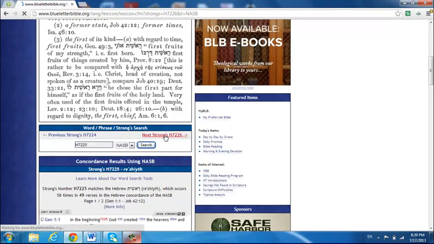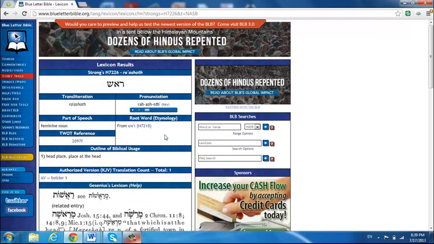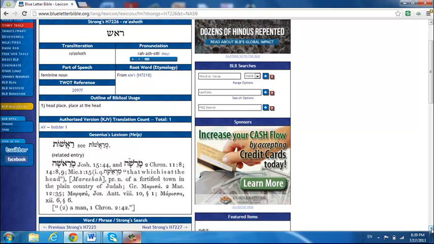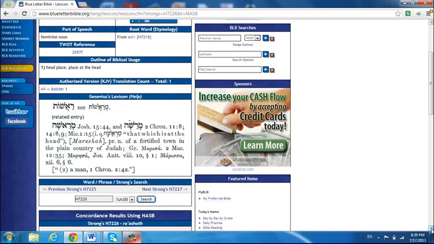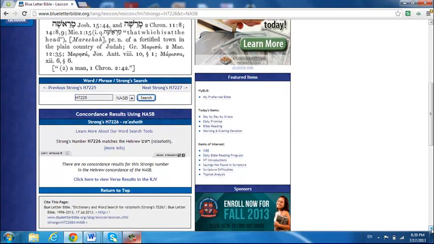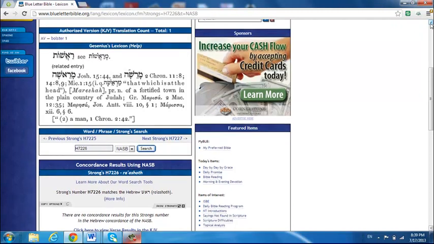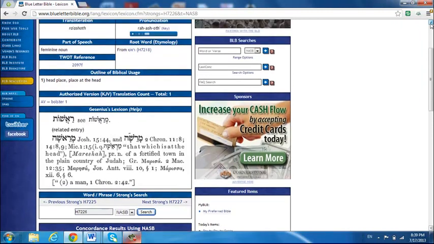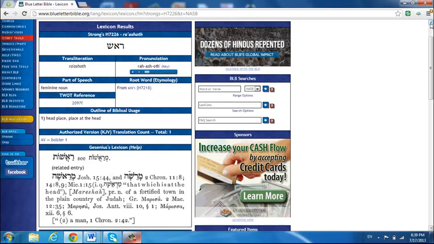The next word is Rosh, which means head, I believe. Nope. What is this here? There are no concordance results for this number. Oh, wow. This must be a verse that's not in the NESB, but it is in the King James Version.